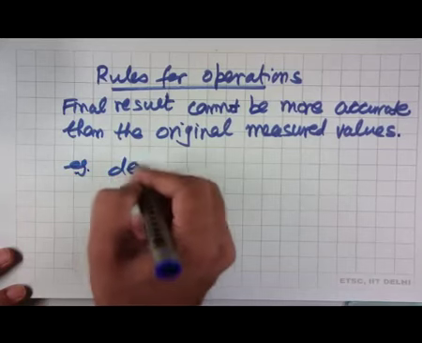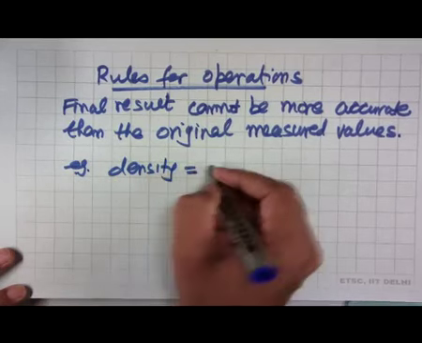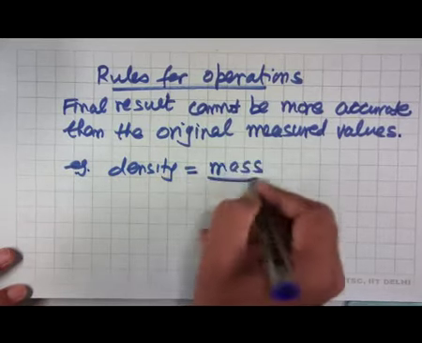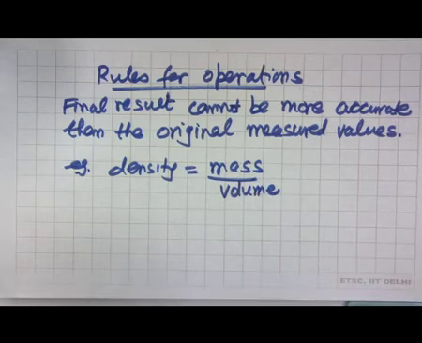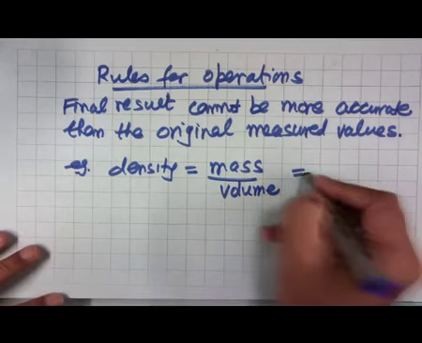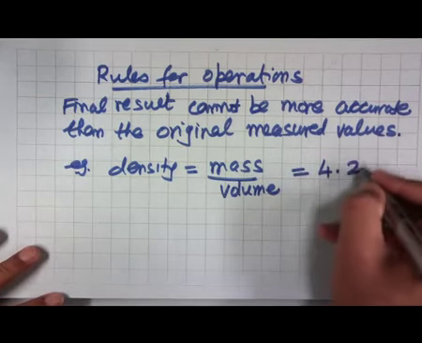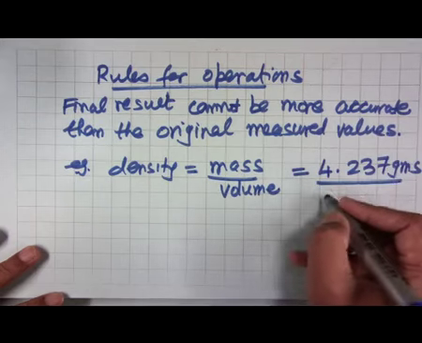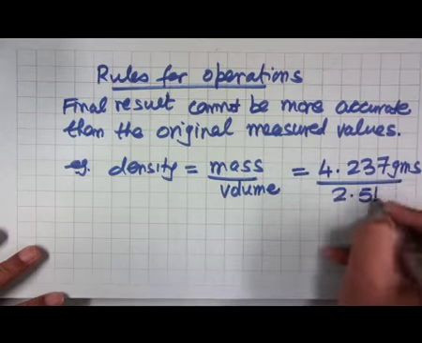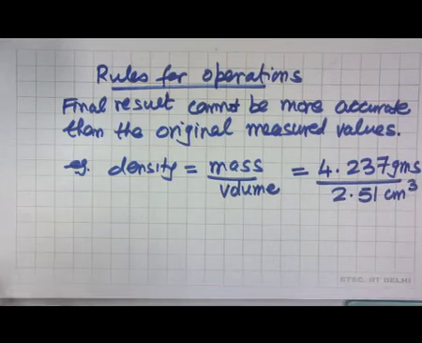For example, let us see, we have density equal to mass upon volume, and let us say the mass of a quantity is given to us as 4.237 grams and the volume is given as 2.51 centimeter cube, and we are to calculate the density of this.